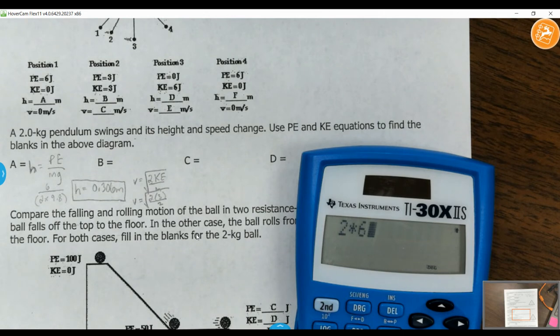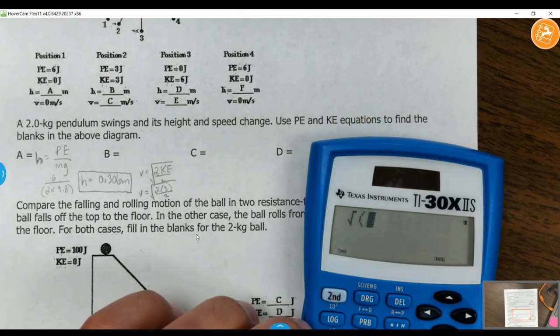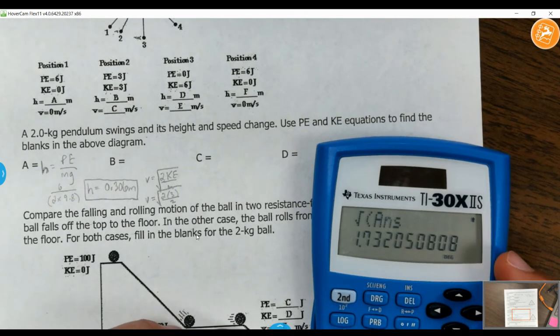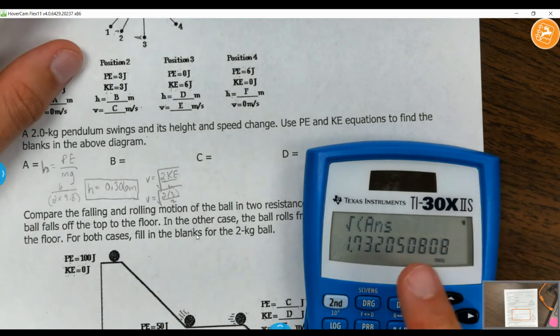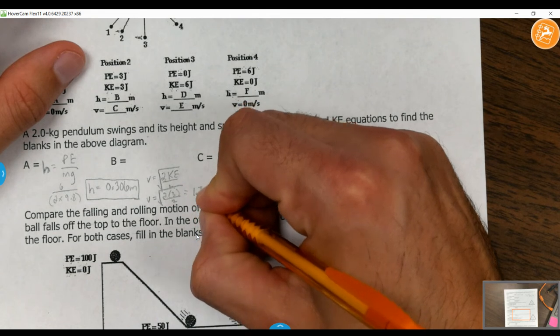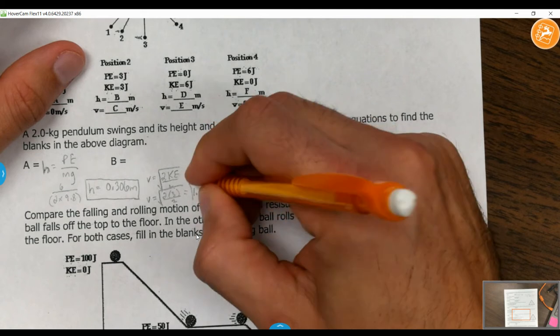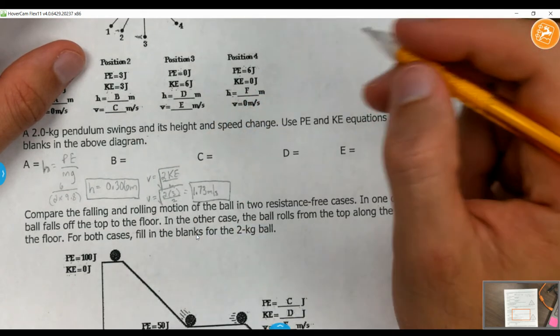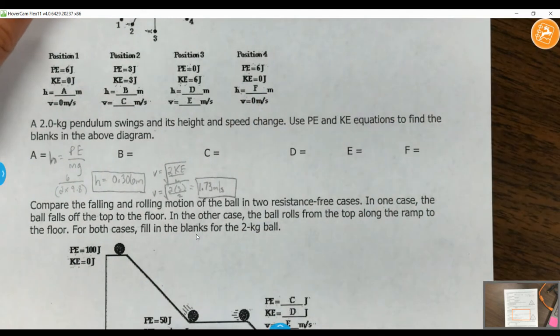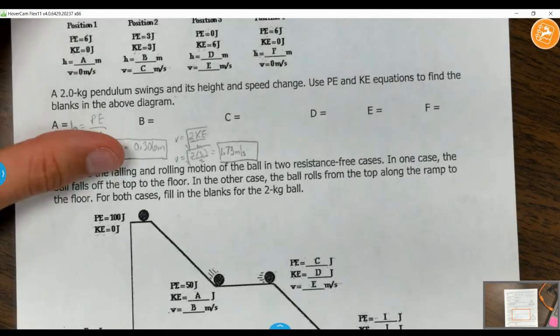So 2 times 3, divided by 2, and then we square root that answer, and you get 1.73 meters per second. That's the velocity. So you're going to wind up doing the same idea and completing the same tasks.